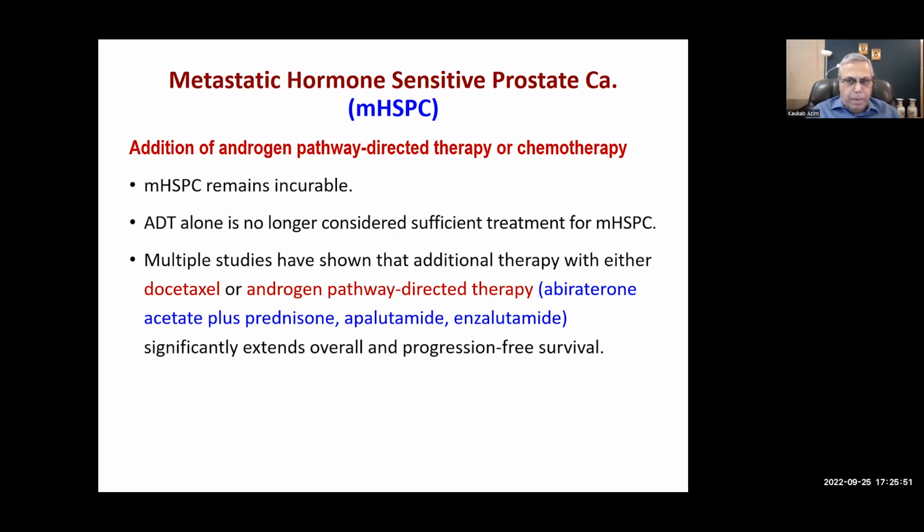It inhibits the enzyme 17-alpha hydroxylase, which is inside the adrenal gland. It is there in the testes as well, but you have given other treatment for that. It also blocks 17,20 lyase, which is another enzyme. So basically abiraterone is blocking the formation of androgen outside the testes.